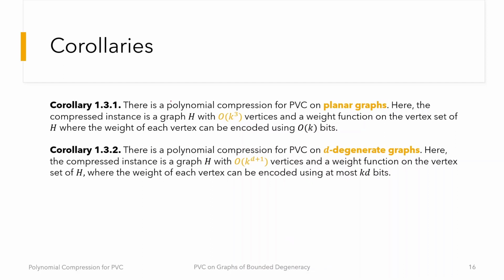So the theorem gives us two corollaries, and so what we had, let me write this here. So according to the theorem, using a polynomial time algorithm, we can output a subgraph H of G with this many vertices and those two properties.